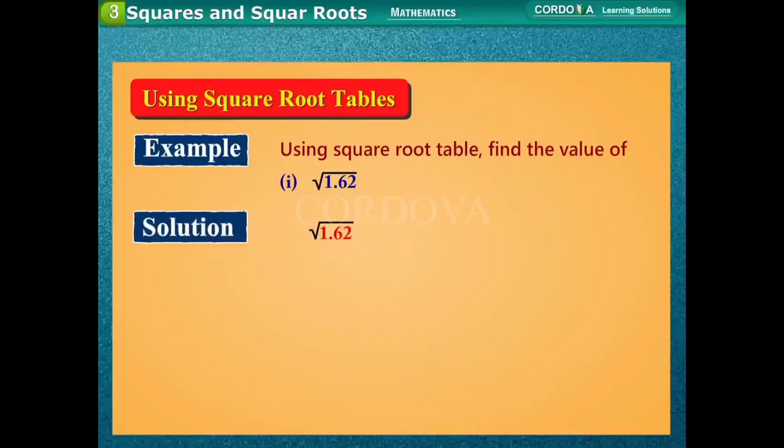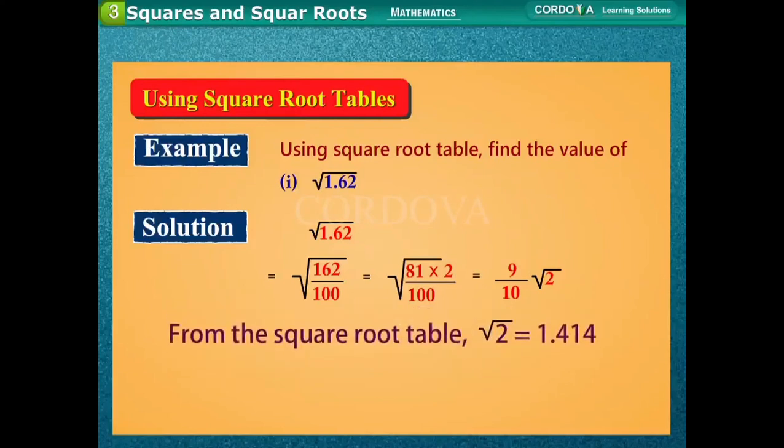Example 2. Using square root table, find the value of square root of 1.62. Solution. Square root of 1.62 is equal to square root of 162 upon 100, which is equal to square root of 81 into 2 upon 100, which is equal to 9 upon 10 square root of 2. From the square root table, square root of 2 is equal to 1.414.